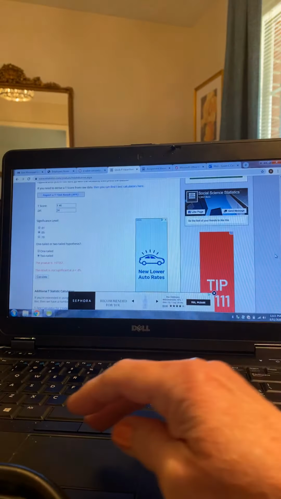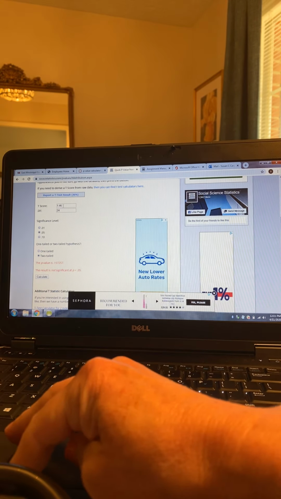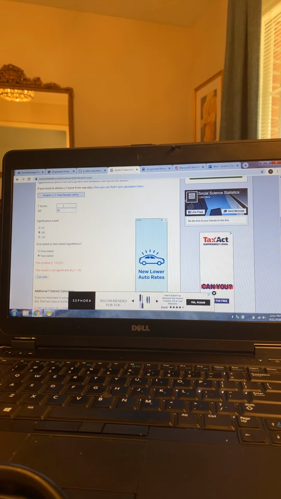Again, we can look at the next one we did. Make sure here you're putting in the one you calculated. For the mean amount spent per year on Amazon, our t-stat was 1.25.